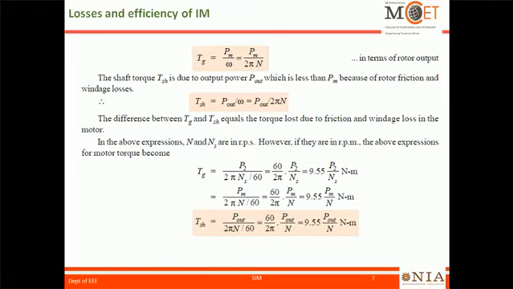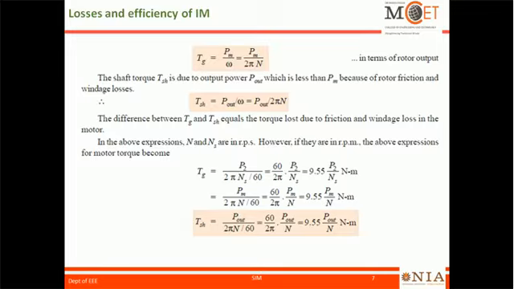In between there are some losses due to the windage and the friction. So TG minus TSH will give you the friction and windage loss.